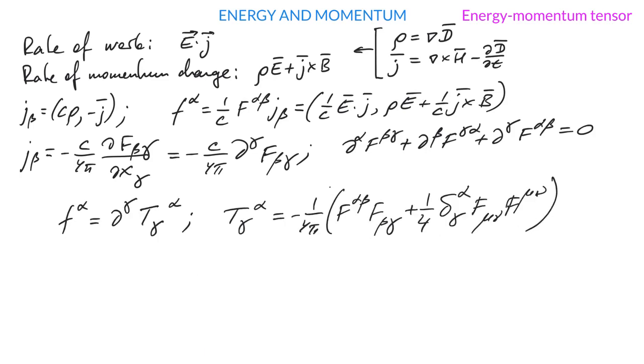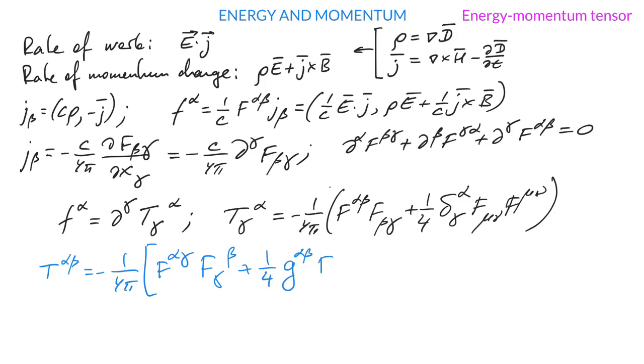I can now raise the index gamma and change it to beta, and I'll obtain T^{αβ} equals minus 1 over 4π F^{αγ}F_γ^β plus 1/4 the metric tensor g^{αβ}F_{γδ}F^{γδ}.